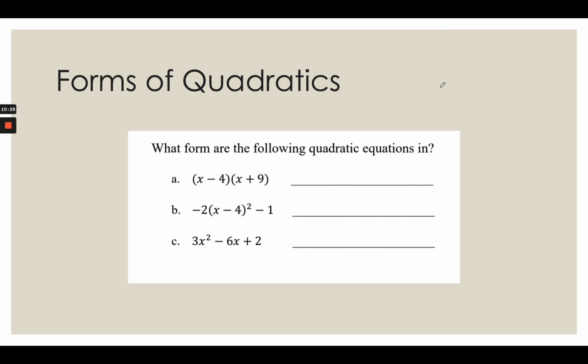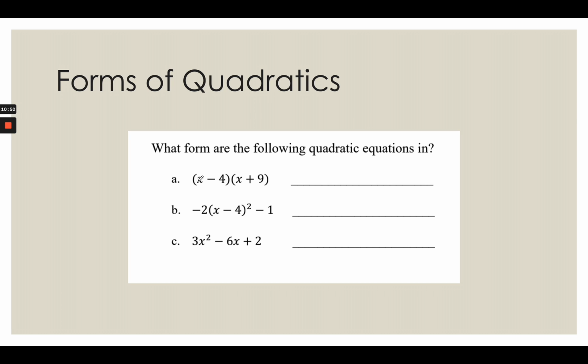One thing that I think is helpful when you graph these is to first identify what form it's in. You can use the very top of your notes, 3.4, to help you identify what they are. Obviously, you'll need to know it for your test, but let's figure out what these are.